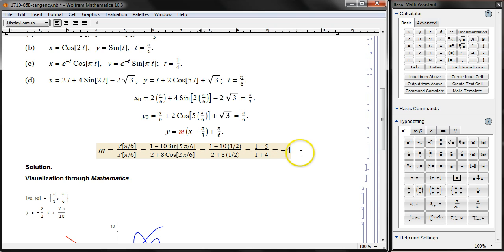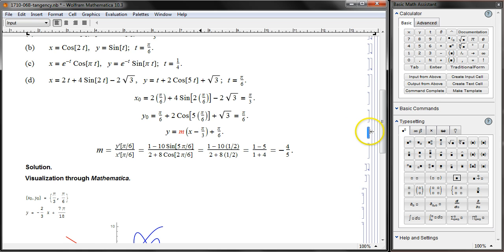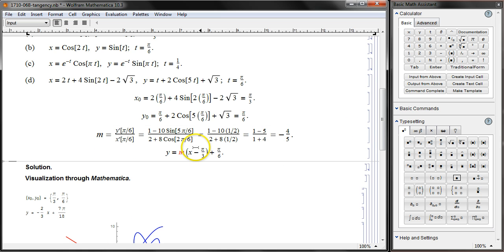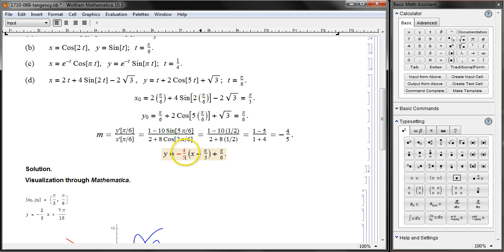That's negative 4 over 5, isn't it? Did I do this right? And that's my slope. So the final answer here is negative 4 over 5.